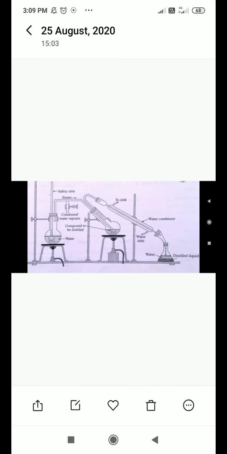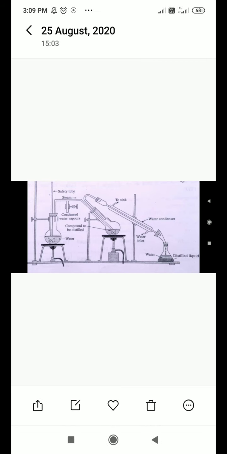Now we will start heating. Heat that water. After heating, what happens? Water produces vapors, nothing but steam, which passes towards the RBF where we placed compound A and compound B. Compound A has a high boiling point and compound B is non-volatile in nature.